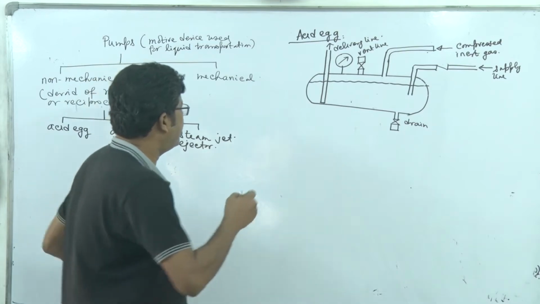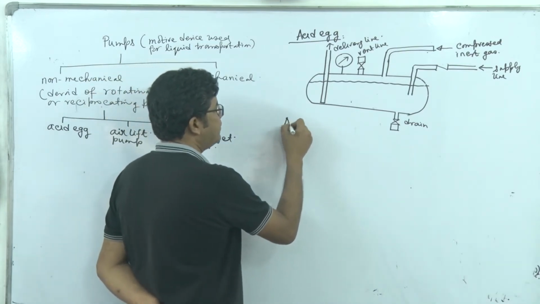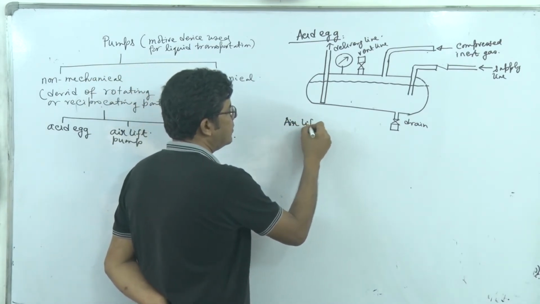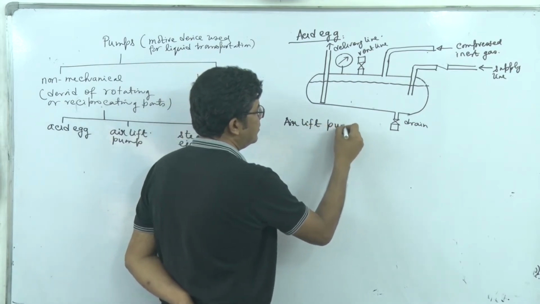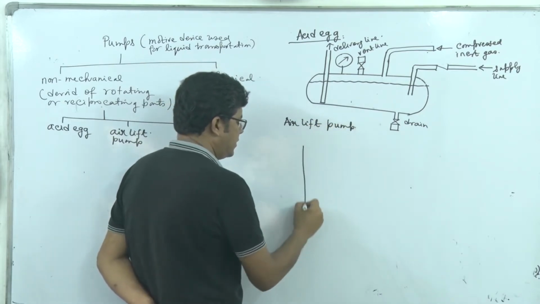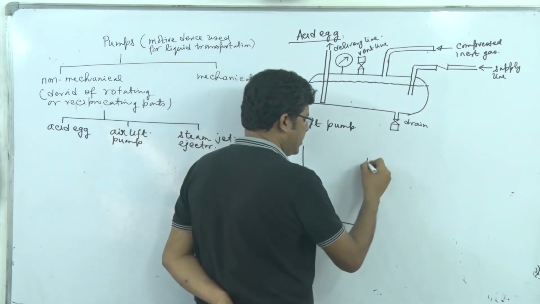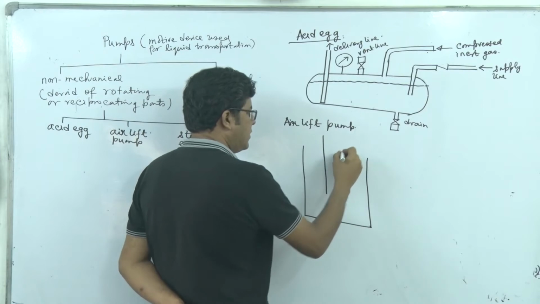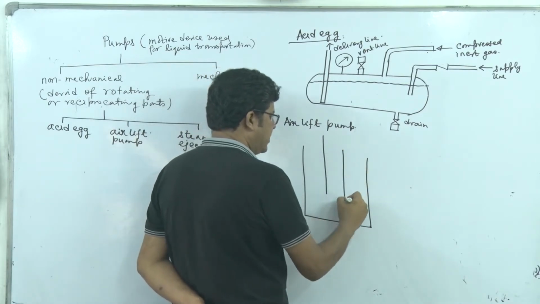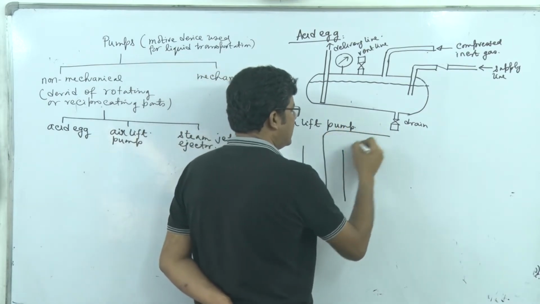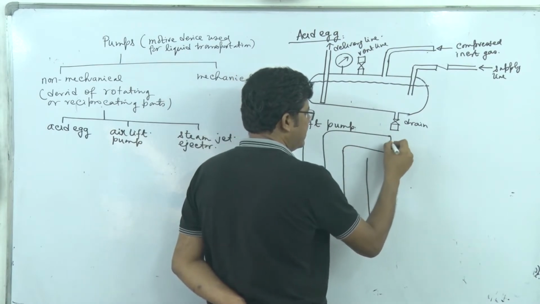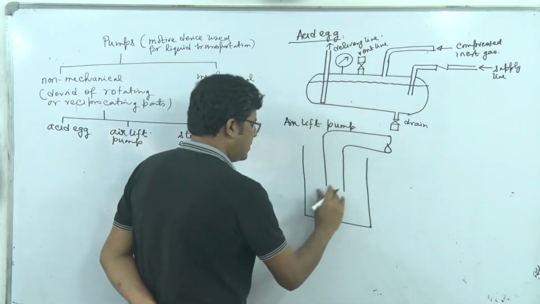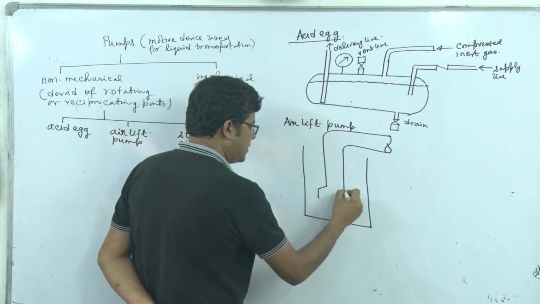Second, the airlift pump. Here, this is the reservoir from which the liquid is to be pumped, and we insert a large diameter pipe, with an expansion at the bottom.